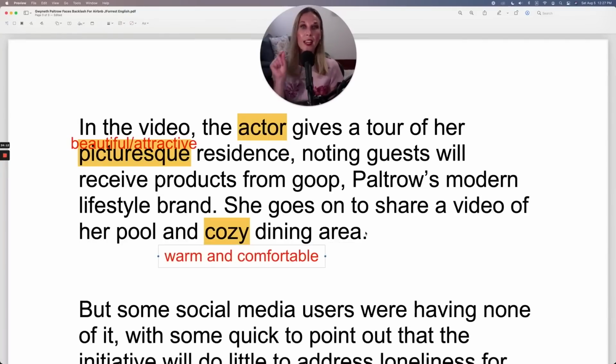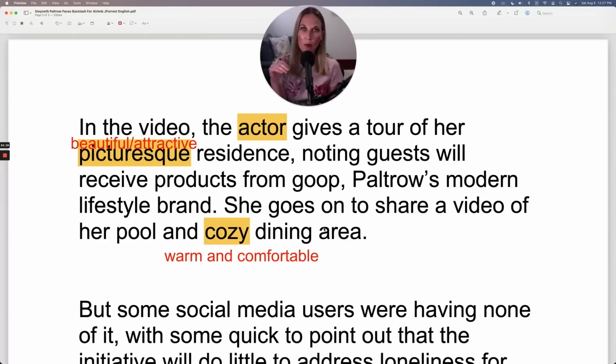So if this dining area is described as cozy, I picture really comfortable couches, lots of pillows, maybe some blankets that I can get nice and warm with. Maybe there's a fire going, and all of that gives the image of warm and comfortable, cozy.